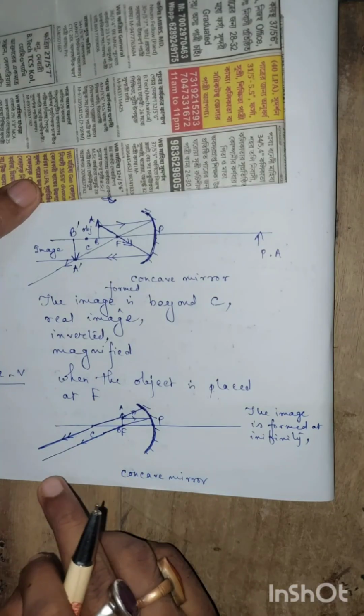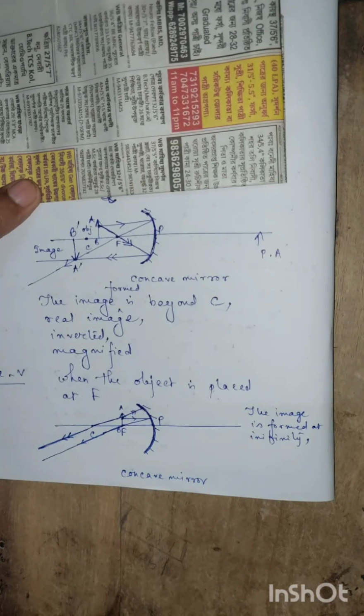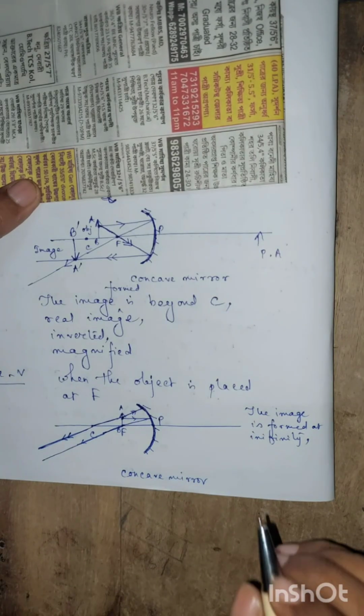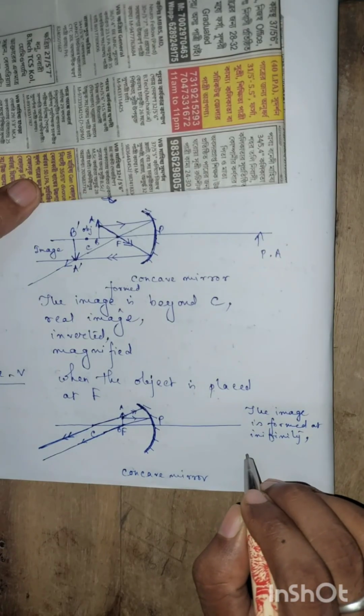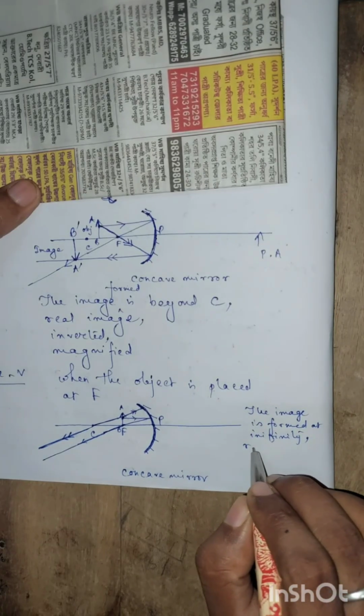As the two parallel rays are meeting at infinity, therefore the image is a real image.